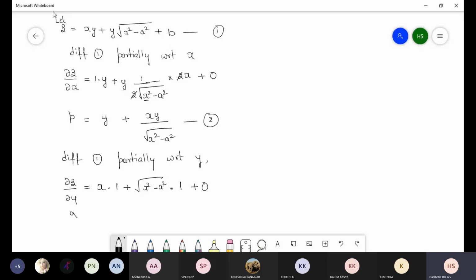So q is equal to x plus root of x square minus a square. Call this one as equation 3.